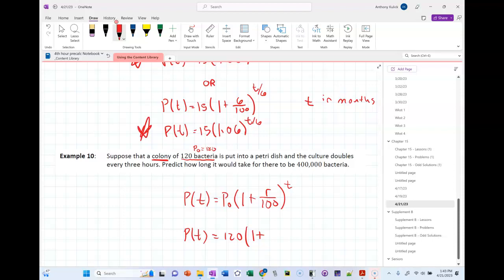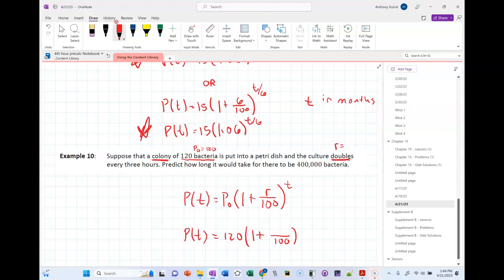What words are telling me the value for R? It's the word doubles.